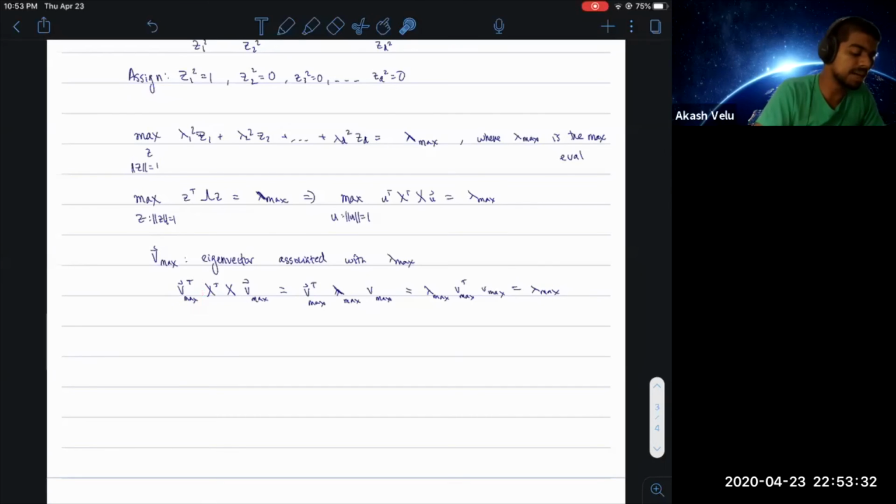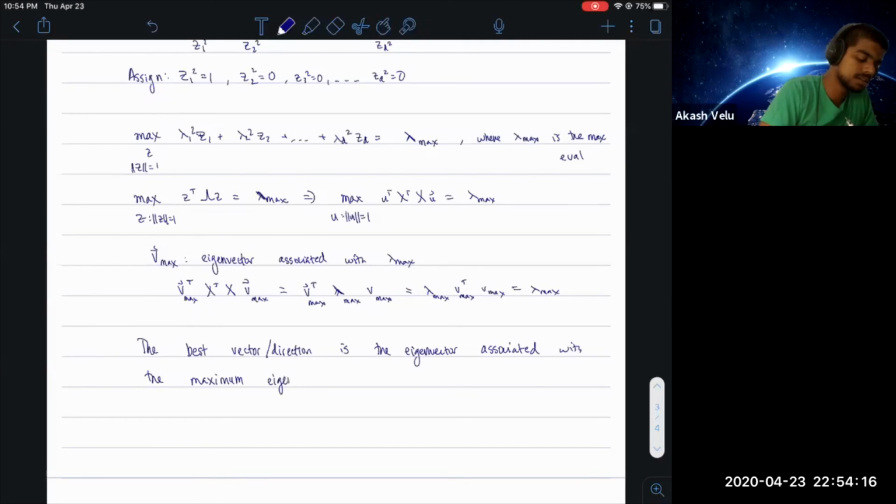And that answer ends up being v max, the eigenvector associated with the maximum eigenvalue of X transpose X. So the end result that we've just derived is that the best choice, the best vector or direction, we say direction because we're looking at a unit vector, is the eigenvector associated with the maximum eigenvalue of X transpose X.